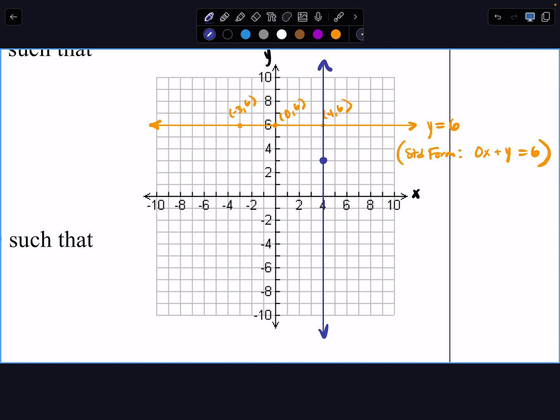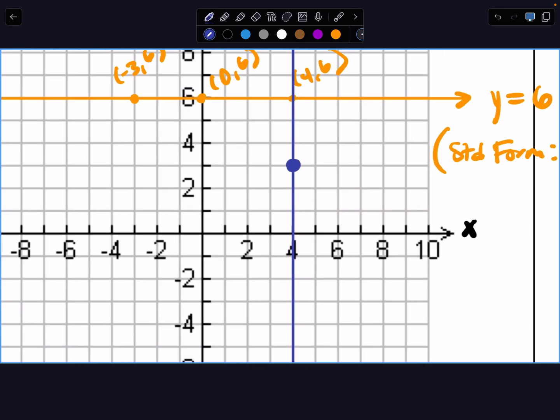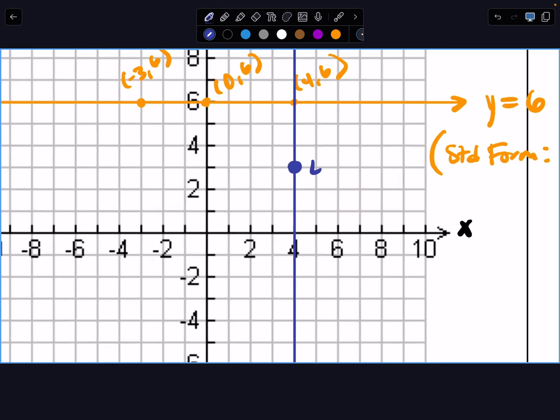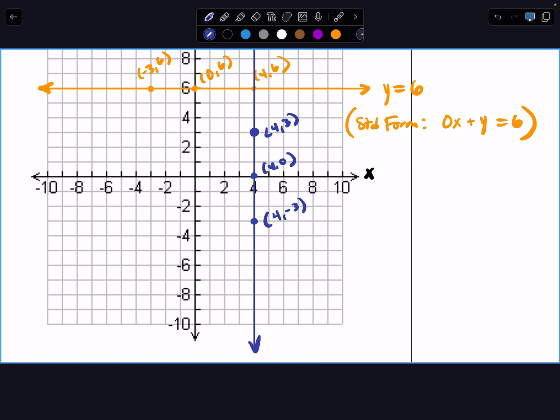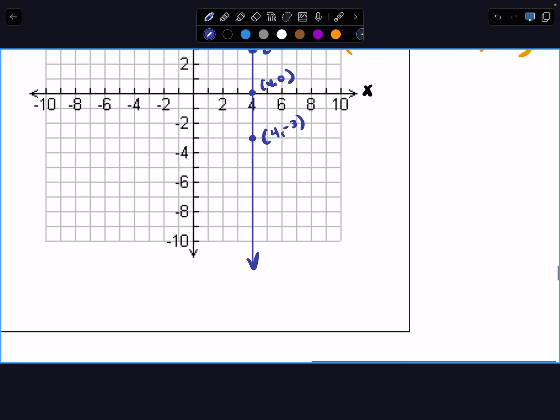And if you think about any point that lies on a vertical line, like this one in particular, I'd have 4, 3, 4, 0, 4, -3. So while we think about the y values varying, changing, the x value stays constant.